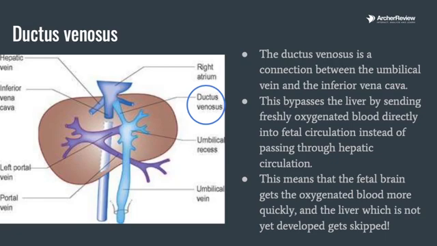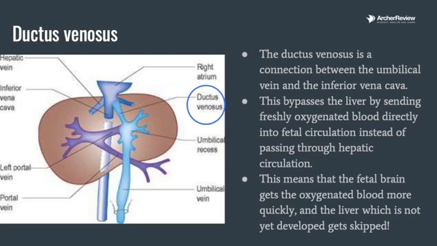Blood comes to the fetus, and instead of going into the liver, it skips directly to the IVC. The IVC is actually what carries oxygen and blood to the fetal brain. So all of that fresh blood that the fetus is getting from the umbilical vein from the mom, the brain is getting first dibs. It's going there first, which is what fetal brains need.